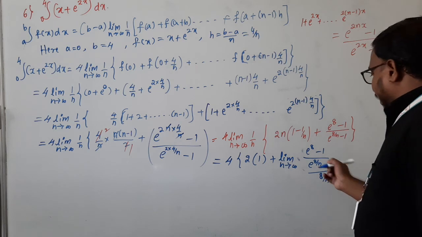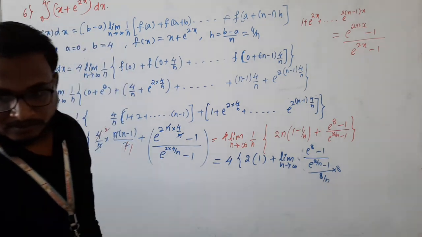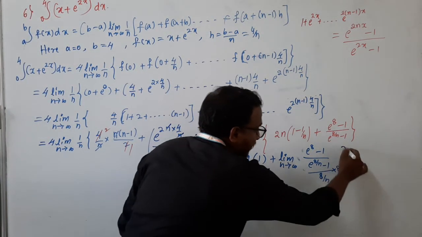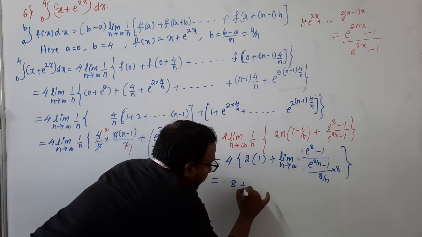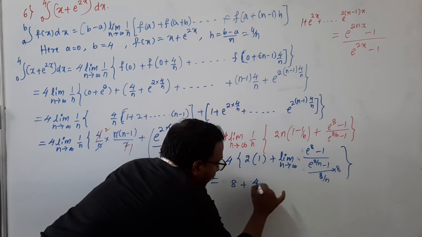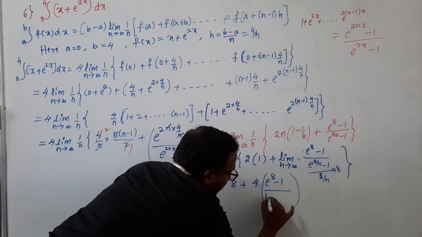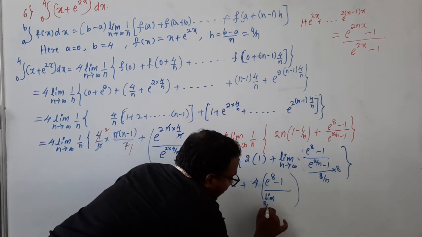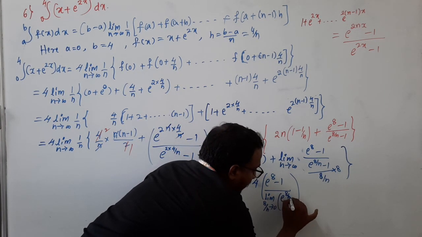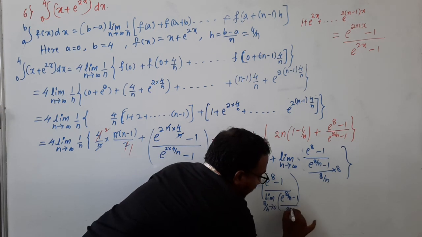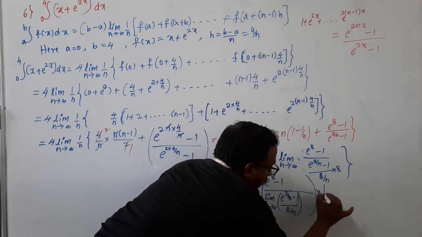Now we have done this in the previous question. We have done that one, that is 4 into 2, 4 2s are 8, plus 4 into e to the power 8 minus 1 divided by limit 8 by n tends to 0 of e to the power 8 by n minus 1 divided by 8 by n, into 1 by 8.